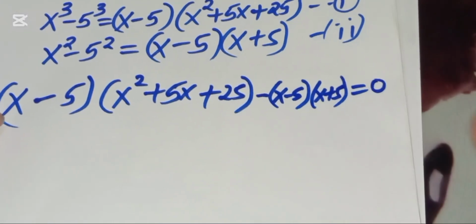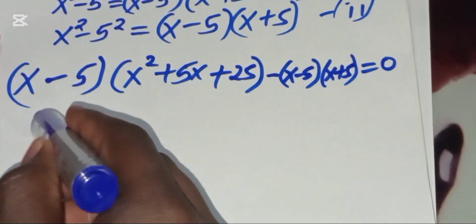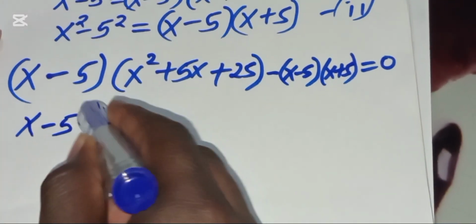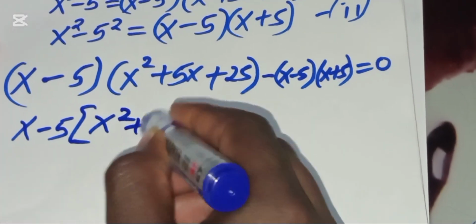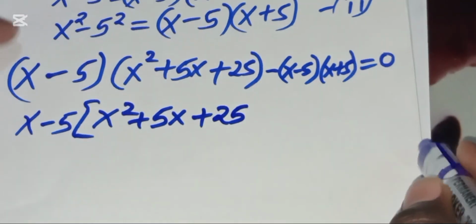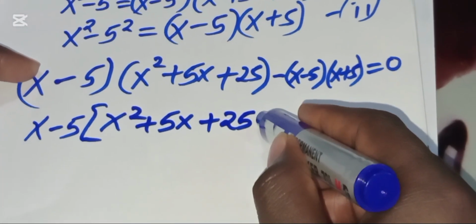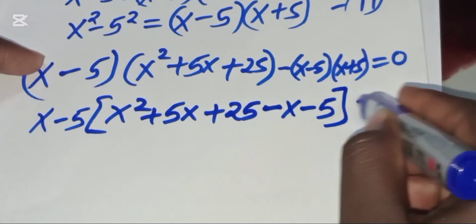This is equal to 0. Now as you can see, x minus 5 is common, so we can factor out x subtract 5, okay? So that we'll have x squared plus 5x plus 25, okay? Subtract x plus 5. This is equal to 0.